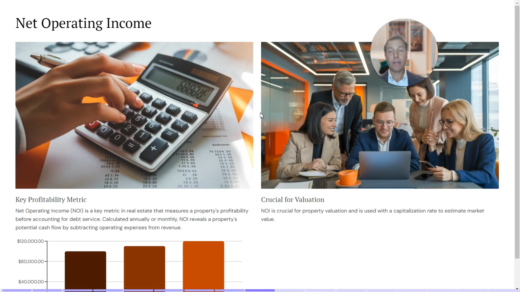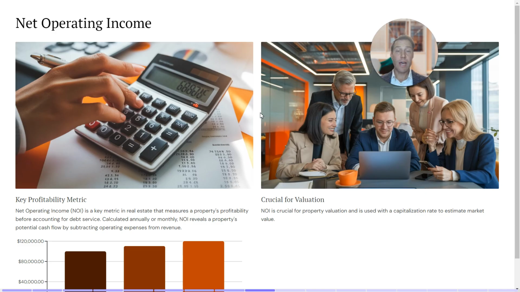Now, your net operating income is a calculation that is based on your income minus your expenses. It's used throughout the industry to determine the property's profitability. And this is all before you have any debt service accounted for. This is assuming a clear and free property without any mortgage encumbrance on it.